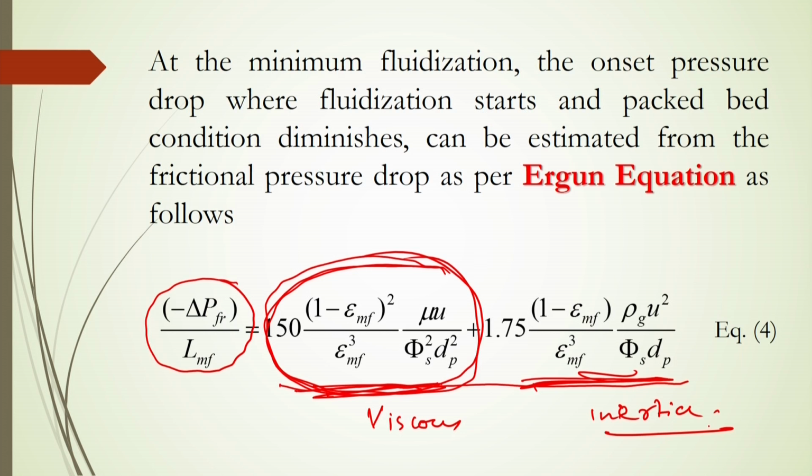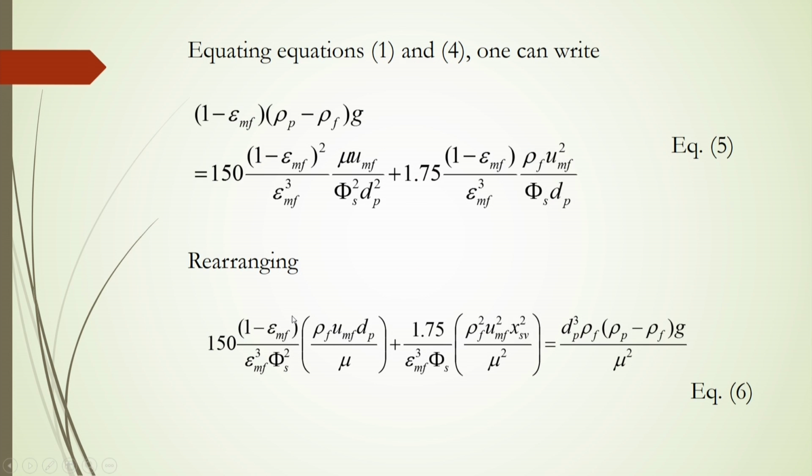Now, you will see this Ergun equation gives you the frictional pressure drop per unit length. So, this is a function of viscosity, velocity, particle diameter, and even sphericity. So, this Ergun equation you can directly use to calculate the frictional pressure drop.